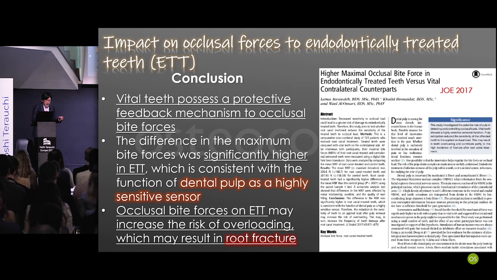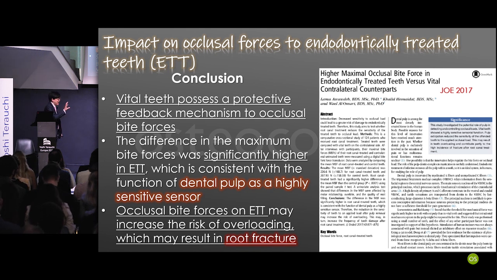And why do you see more root fracture cases in endodontically treated teeth? Because a vital tooth possesses a protective feedback mechanism to occlusal bite forces. The difference in the maximum bite forces was significantly higher in endodontically treated teeth, which is consistent with the function of dental pulp as a highly sensitive sensor.